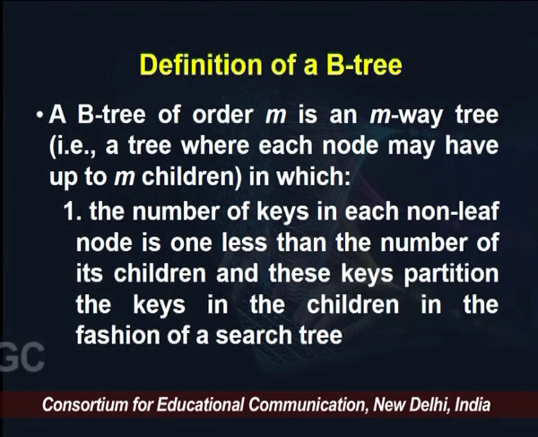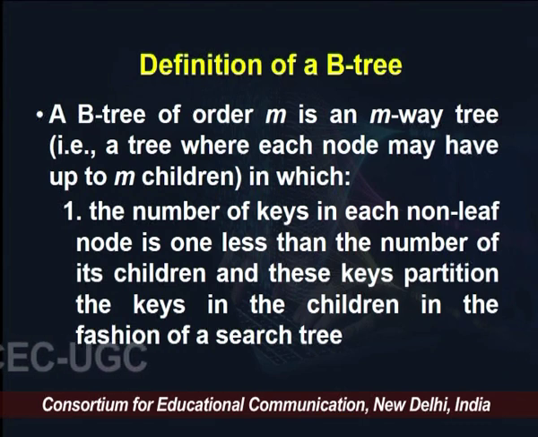The standard definition of a B tree is typically given by its order. A B tree of order M is an M-way tree, that means a tree where each node may have up to M children. This M could be a large number.